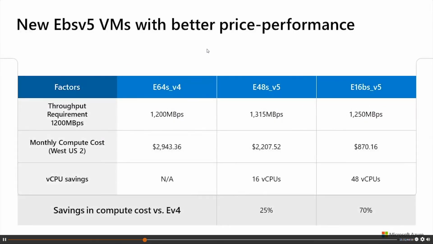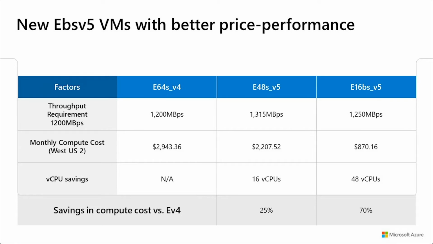So we have highlighted the improved price performance that you would see with the EBS V5 series, but we further want to drill down and show some numbers here. Now let's consider a scenario where your data-intense workload would require a throughput of 1,200 megabytes per second. Earlier with the EV4 series, E64 SV4 is the available VM size to meet this performance and would roughly cost $2,943.36.